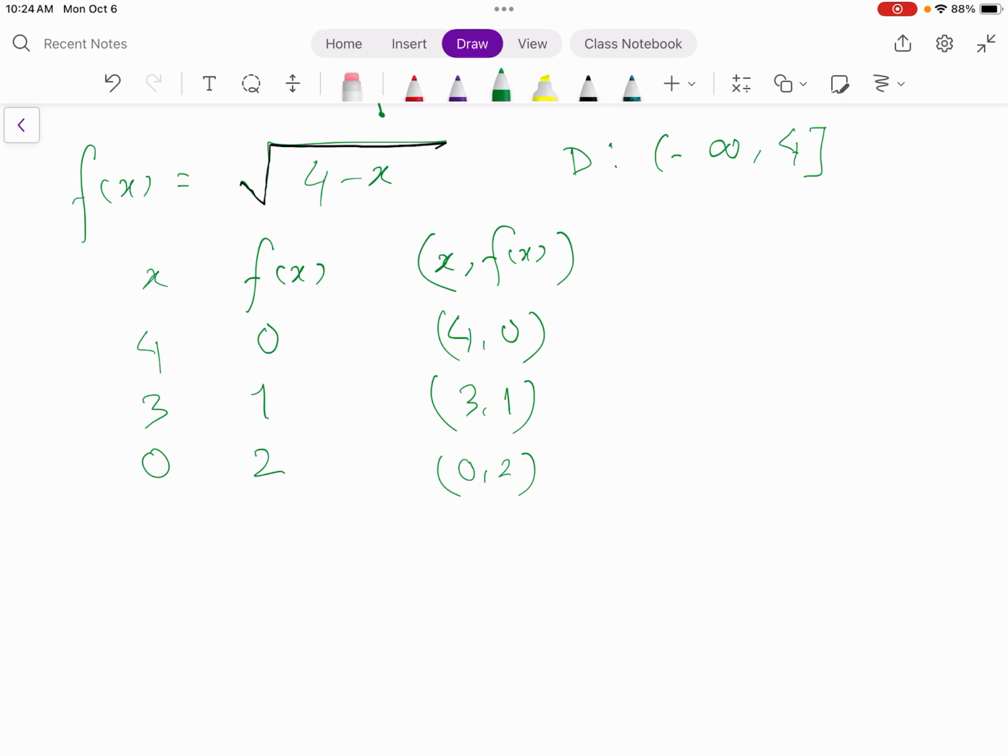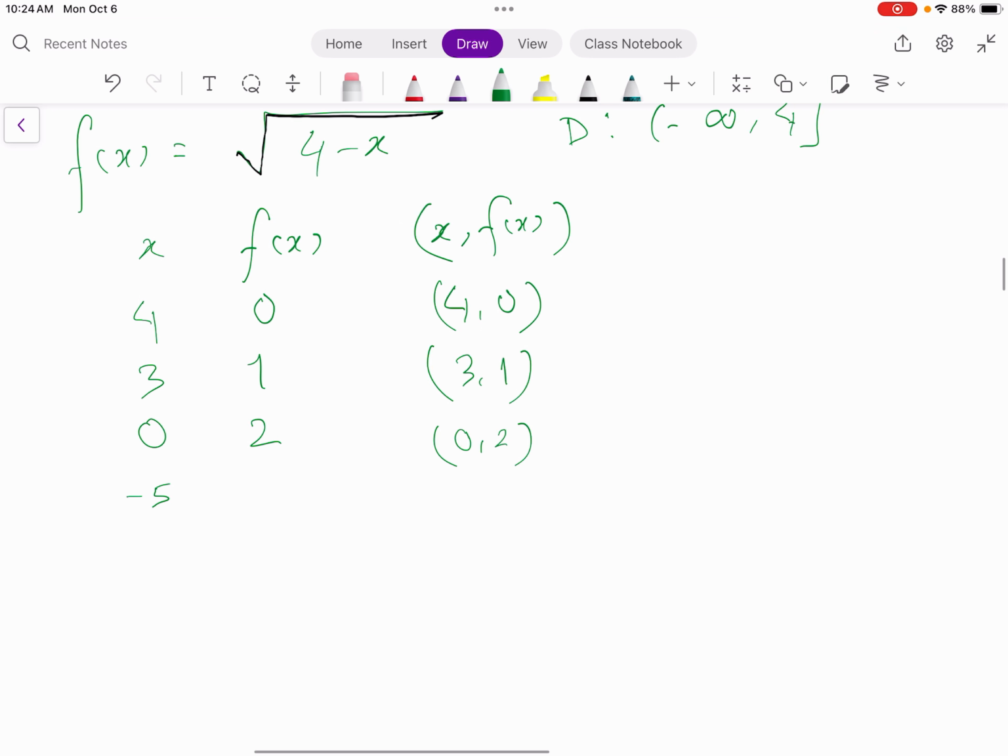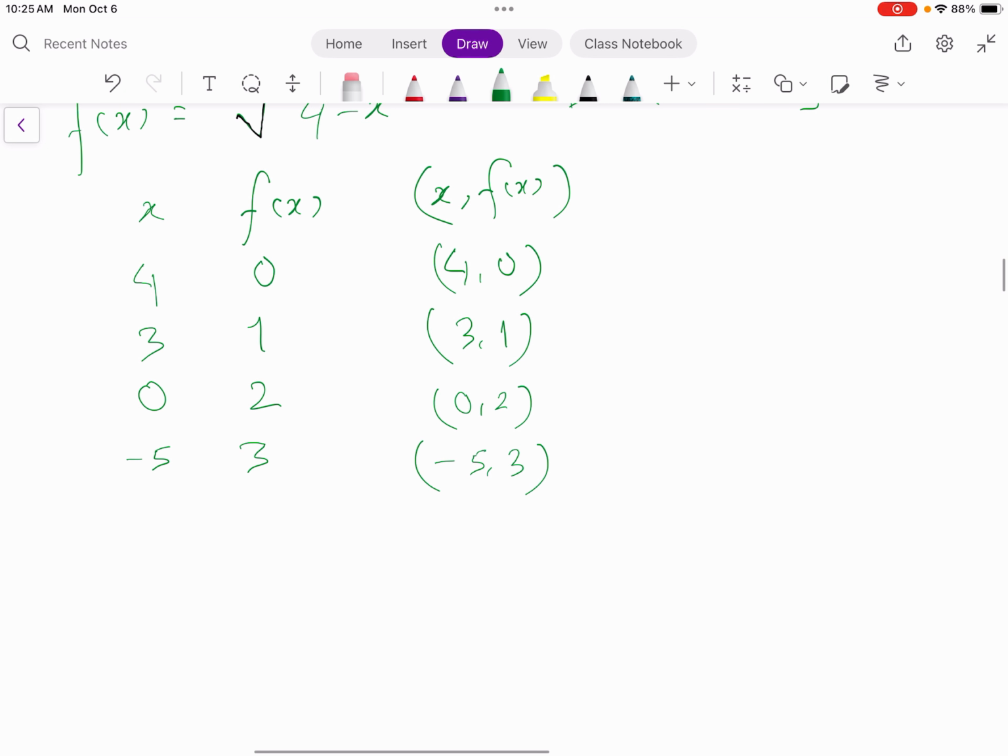So if our input is negative 5, but you can pick negative 2, okay? It's not wrong. So if our input is negative 5, what is our output? So we have 4 minus negative 5. That is 4 plus 5, 9. Square root of 9 is 3. Okay? So negative 5, 3 is the other point. Now let's pick one more input. So what input do you want to pick?